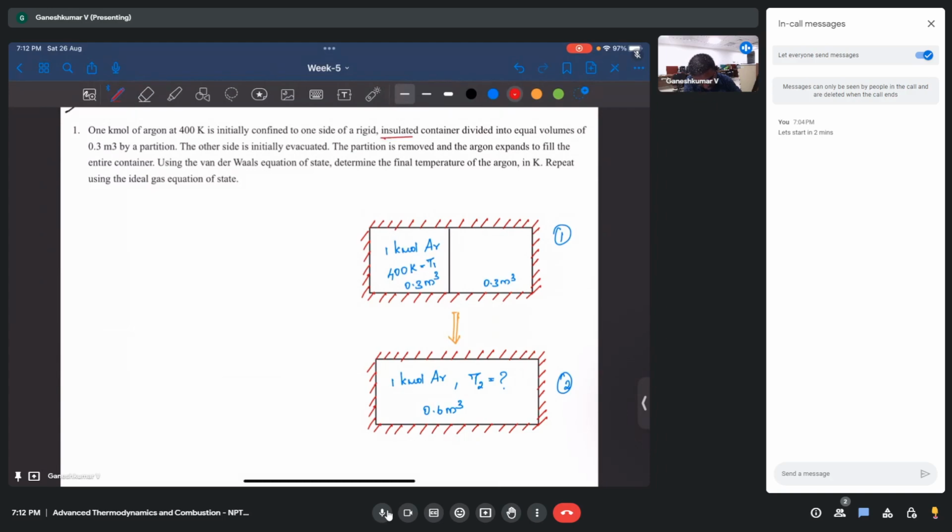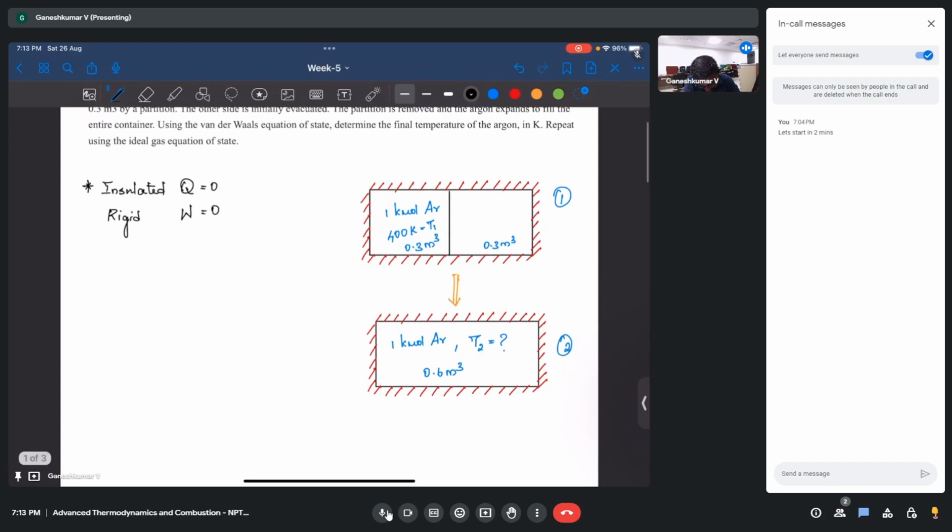Since it's an insulated container, there are no heat interactions. So there is no Q out or Q in, which is equal to 0. Since it's insulated, Q is equal to 0, and it is a rigid container, so the work done is also 0.